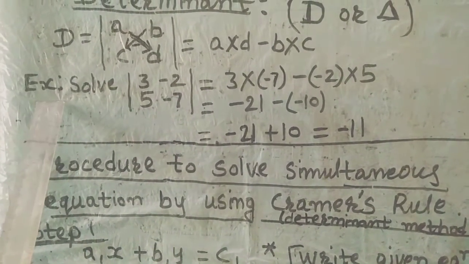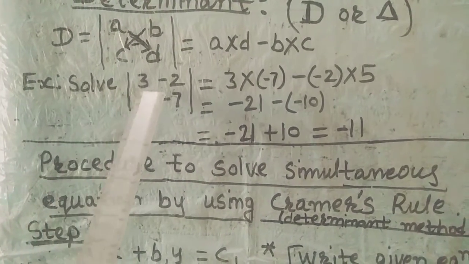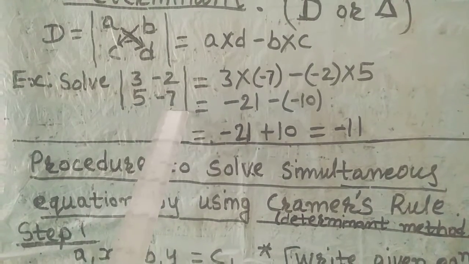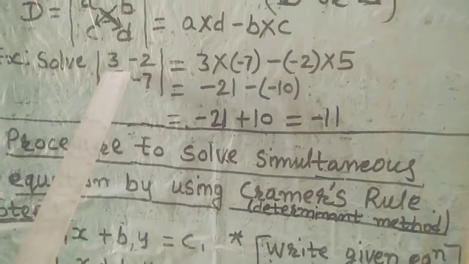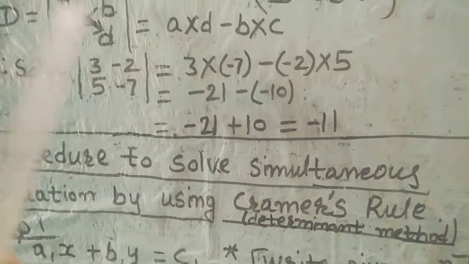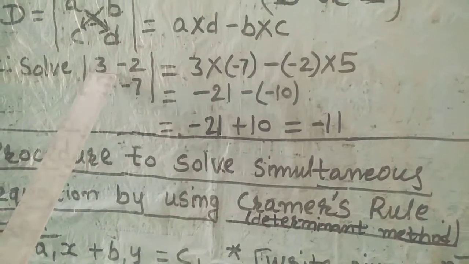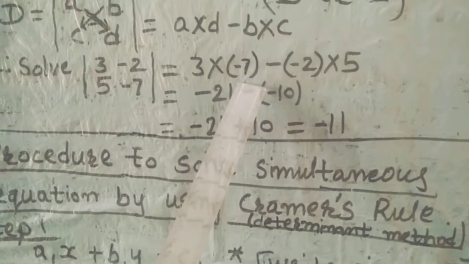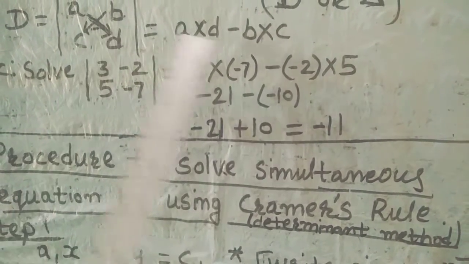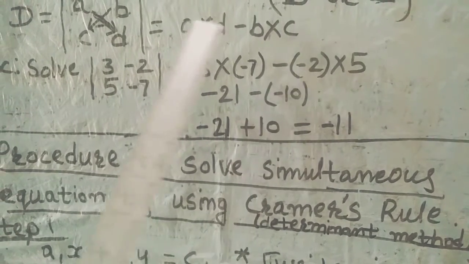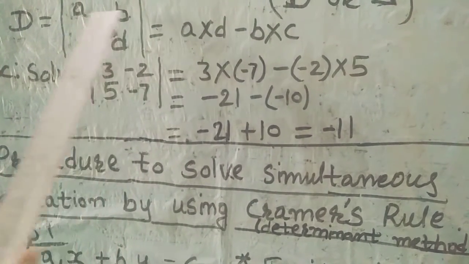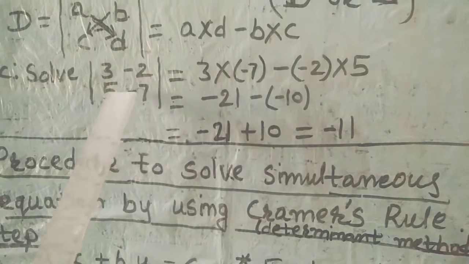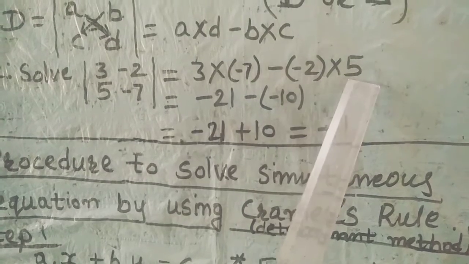Let us take one example. In the determinant, the values are 3, minus 2, 5, minus 7. According to our rule, ad, that is this 3 is multiplied with minus 7, then take a negative sign in between them, then multiply b with c, that is minus 2 multiplied with 5.